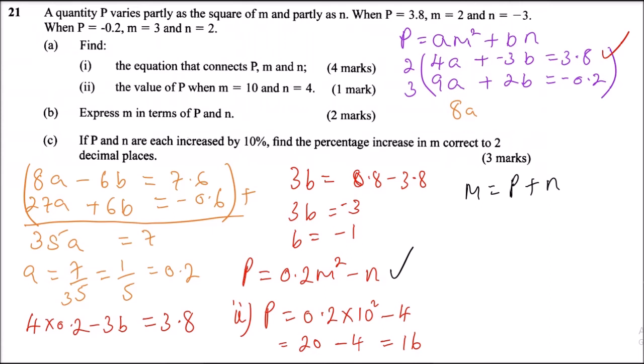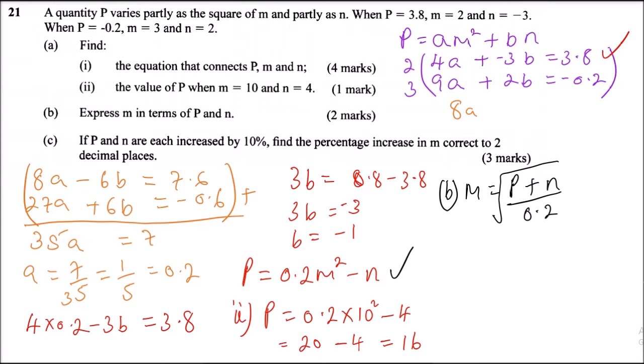We divide by 0.2, so we are left with m squared, and we get the square root of both sides. So m is equal to the square root of p plus n, all divided by 0.2.